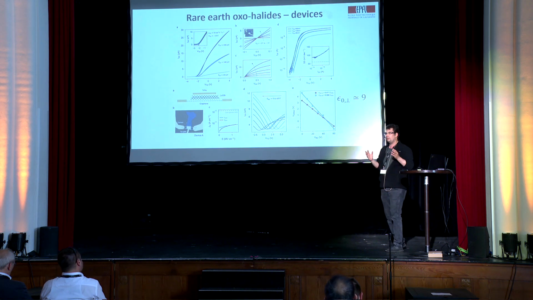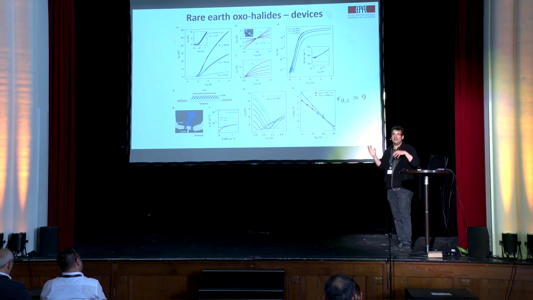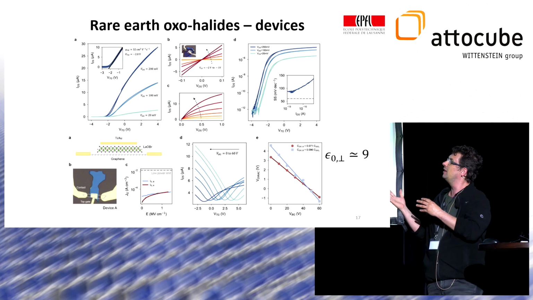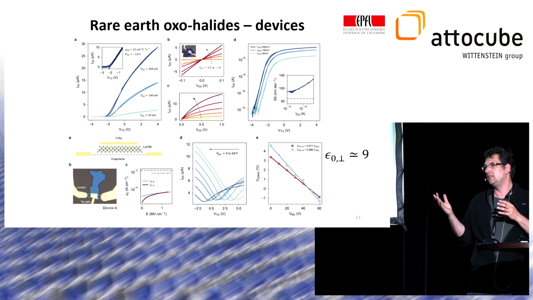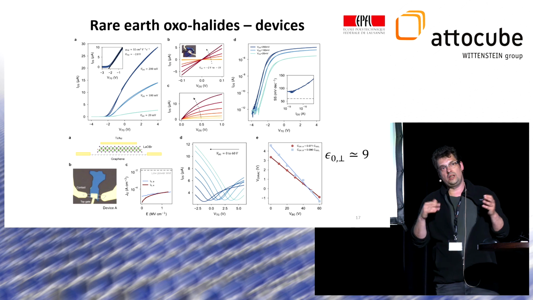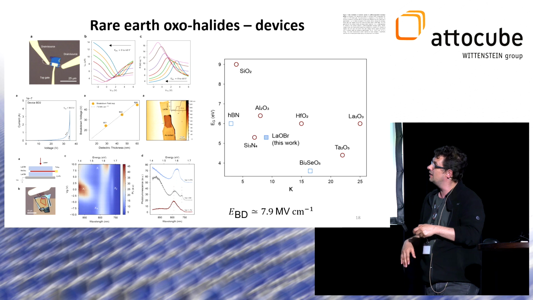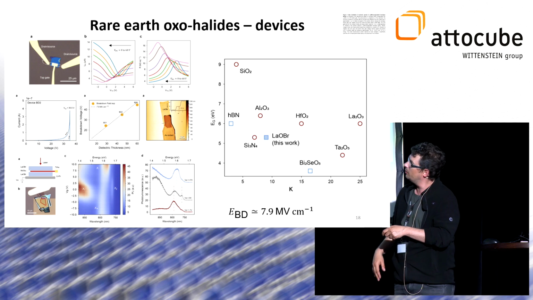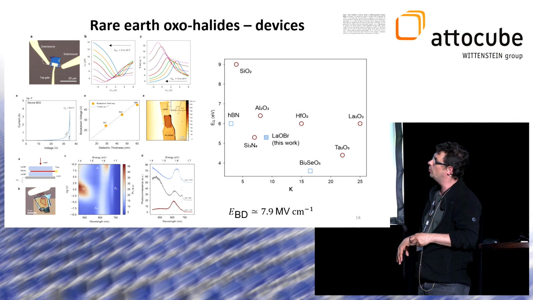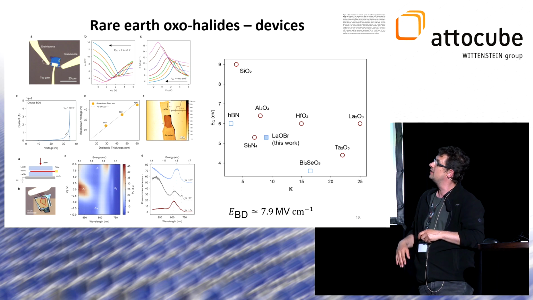The breakdown voltage, another important parameter, is slightly lower than hexagonal boron nitride, where it's like state-of-the-art 1 volt per nanometer. In the case of these materials it is around 0.8, 0.9, so it's slightly lower. But it can be used also as a high-k dielectric environment to fabricate photonic devices, like in this case at EPFL, where a device was made in which molybdenum disulfide was encapsulated in 2 LaOBr layers, and you can clearly see the tuning of the exciton and trion peak.